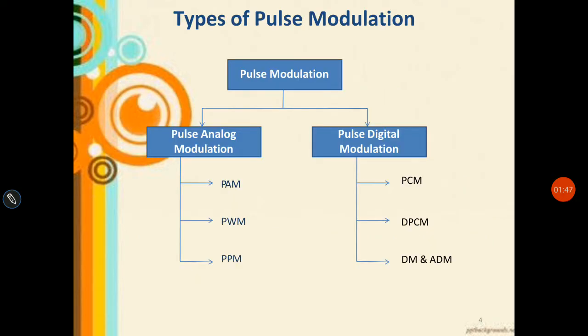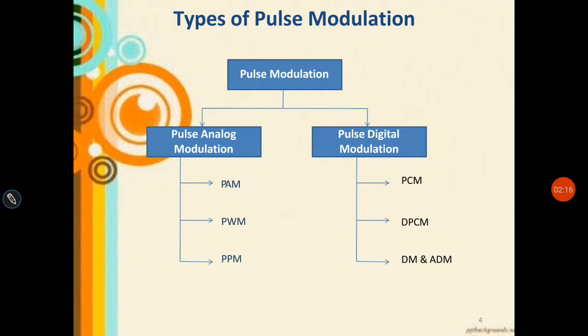Now, these are the types of pulse modulation. Pulse modulation can be of two categories: pulse analog modulation and pulse digital modulation. Pulse analog modulation can be classified into three categories: PAM, pulse amplitude modulation; PWM, pulse width modulation; and PPM, pulse position modulation.